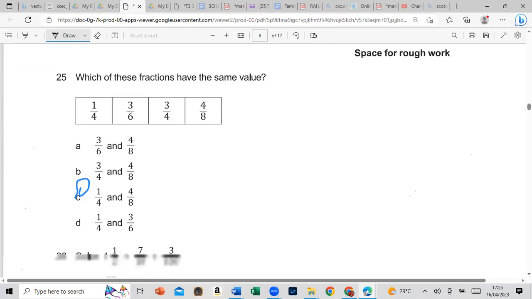All right, 25 says, which of these fractions have the same value? C. A quarter and 4/8. A, sir, A. So are we hearing A or C?